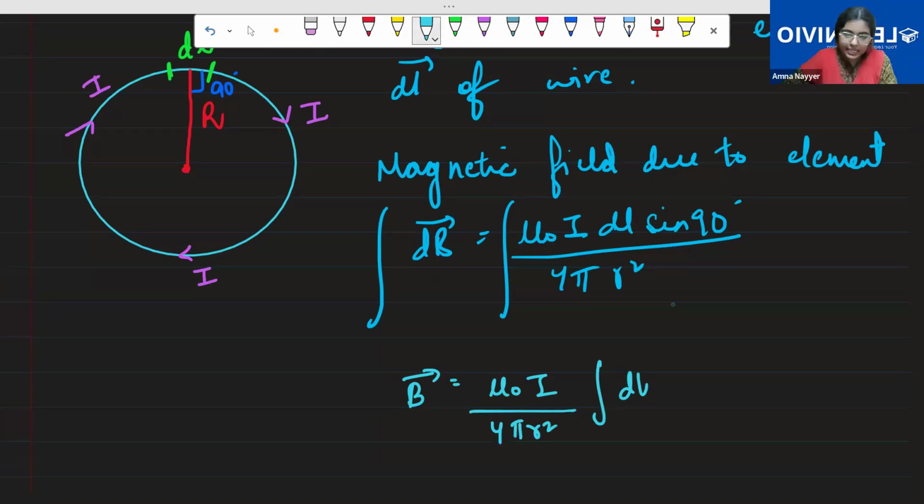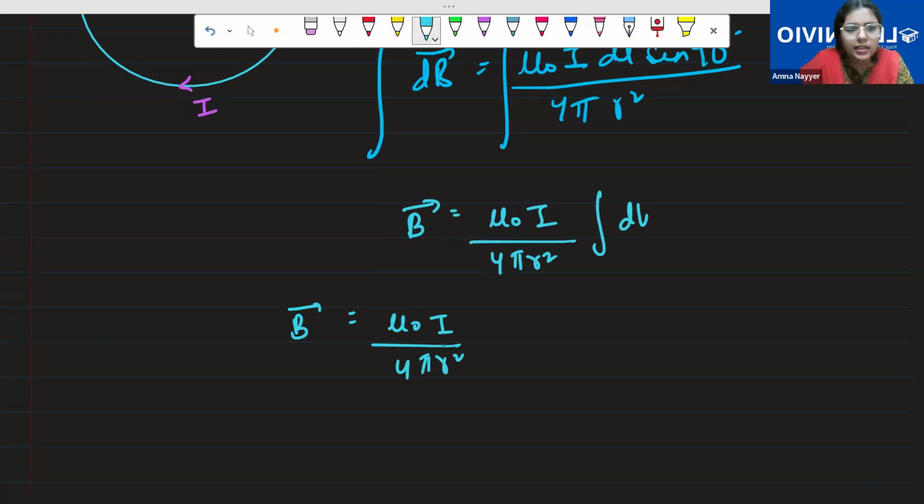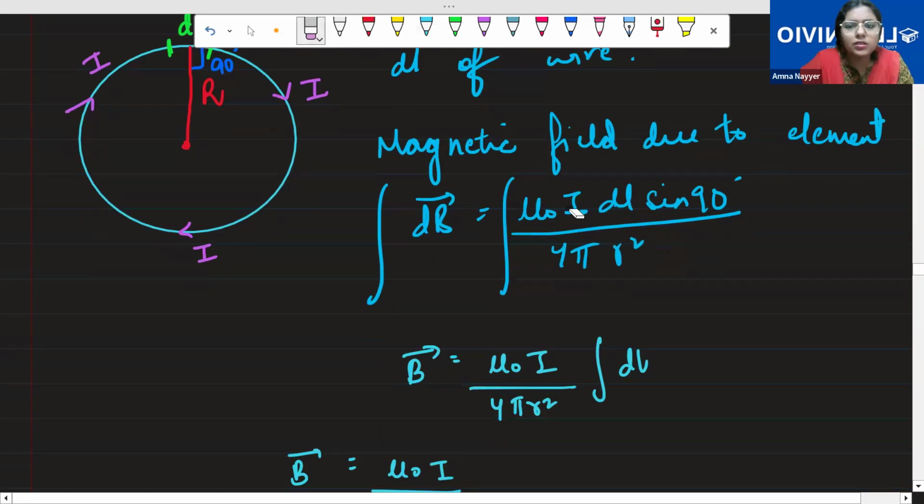A small portion dl has been taken and we are integrating this. B is equal to mu naught I by 4 pi r square. I have taken capital R, so here also I'll take this as small r.